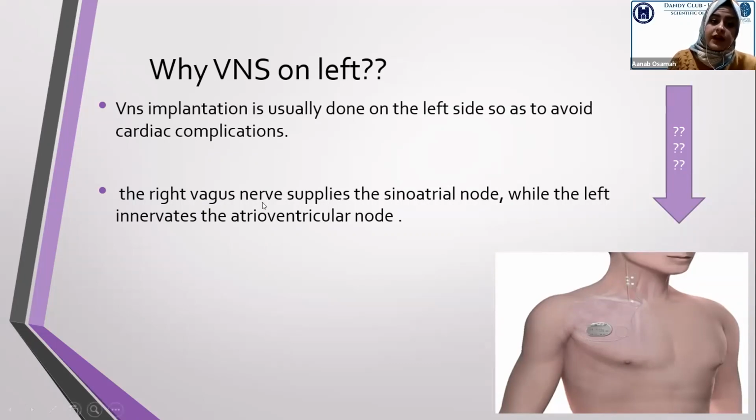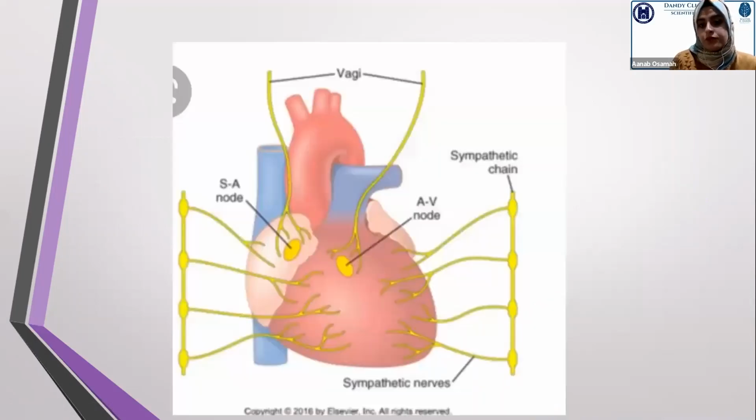The right vagus nerve supplies the SA node, the sinoatrial node, which is important, so I will avoid the right one and use the left side because it innervates the atrioventricular node. As we see here, this is the right one with SA node innervation and the AV node with the left side of the vagus nerve.